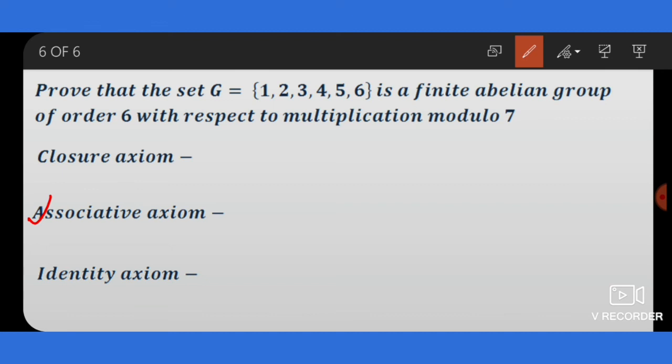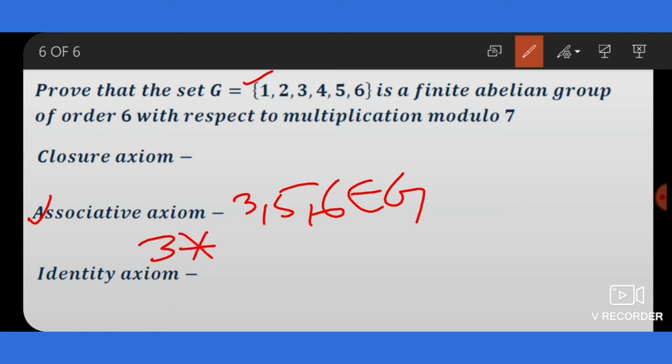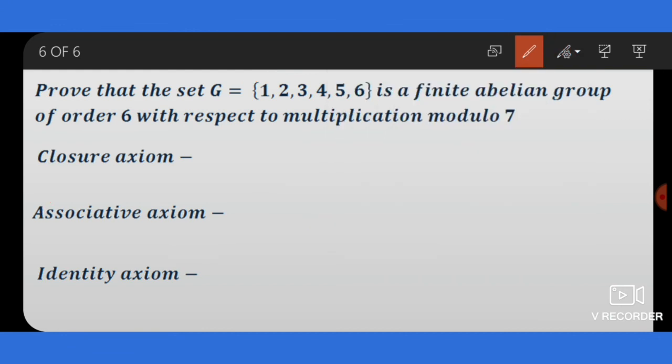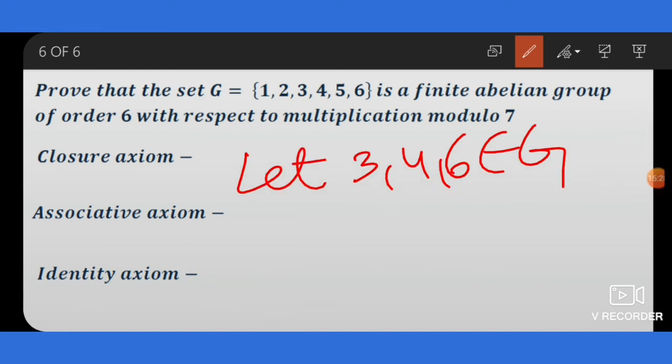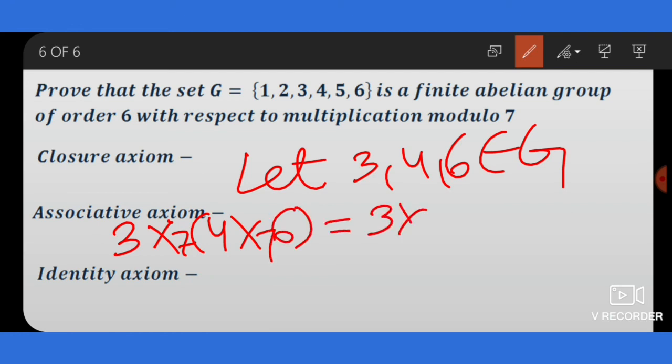Associative axiom. We take any three elements of this set, 3, 4, 6, three elements of G. By definition of group theory, 3 multiplication modulo 7, (4 multiplication modulo 7, 6) equals (3 multiplication modulo 7, 4) multiplication modulo 7, 6.